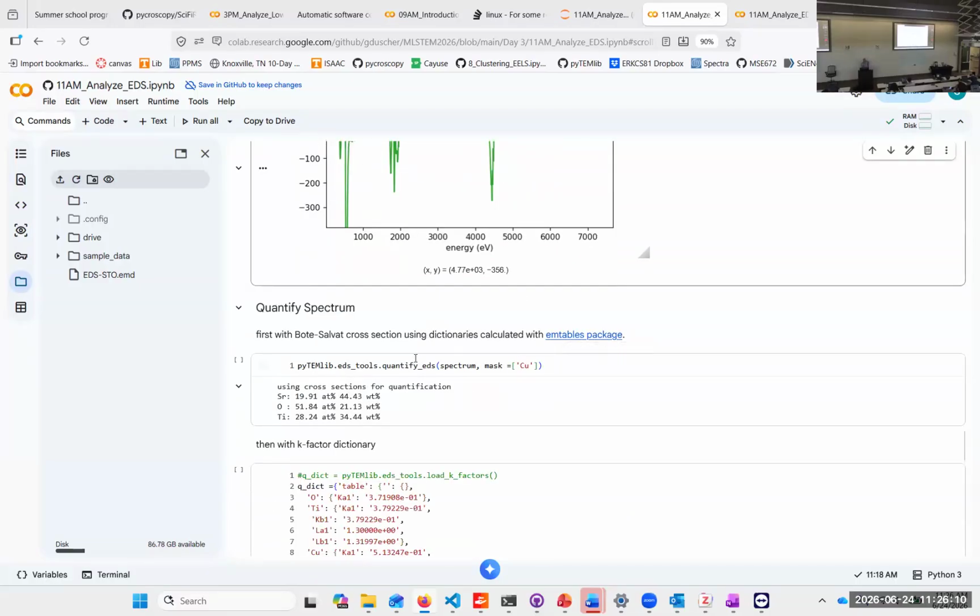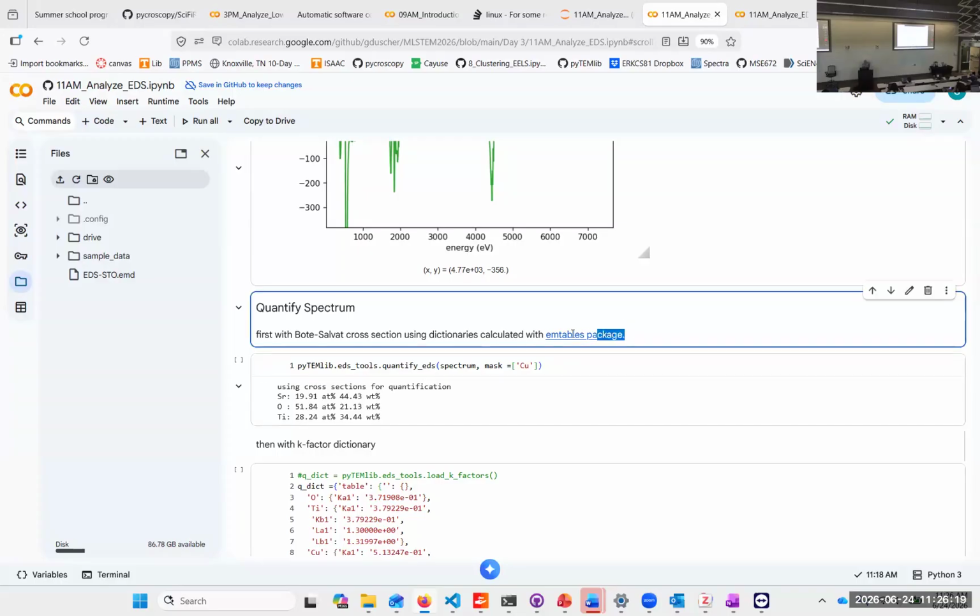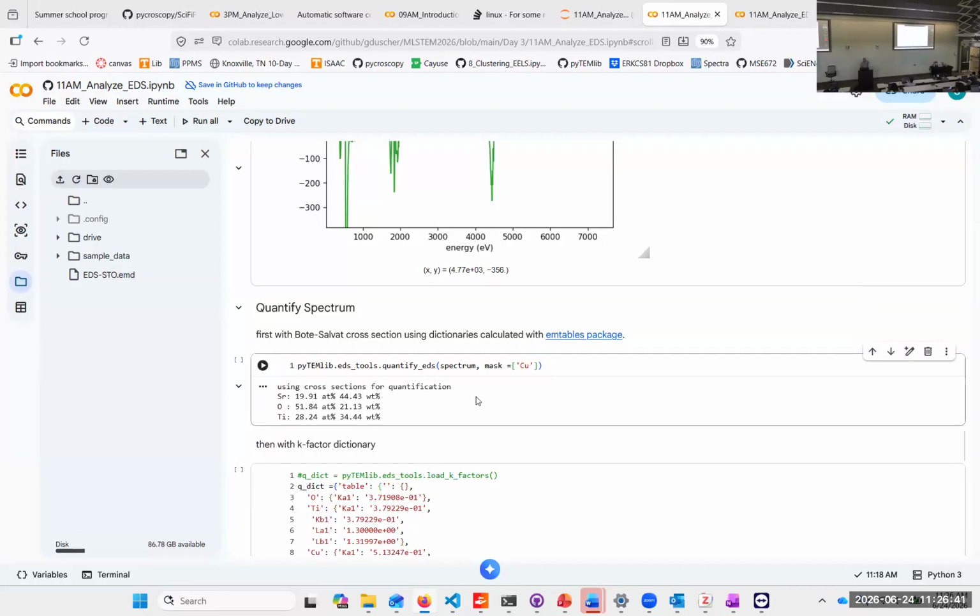And now we quantify the spectrum, and I use the so-called K-factor. Okay, I think I have to do it from the EM tables. So the EM tables come from the group of Cécile Hébert from EPFL, so that would be in Switzerland, not France, but they speak French.